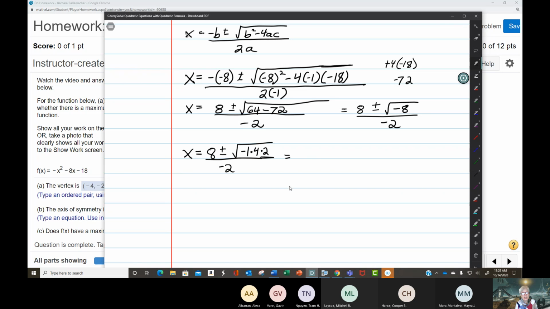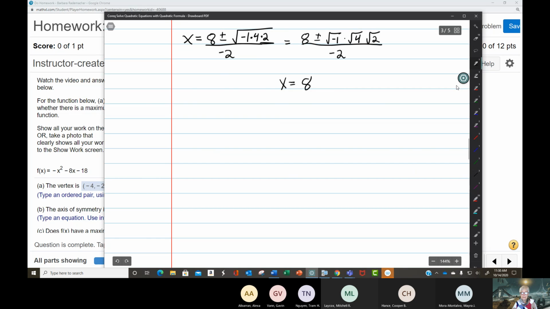It's not fun, but you gotta do it. 8 plus or minus the square root of negative 1. I'm doing this the long way. The square root of 4, the square root of 2 over negative 2. That's going to be 8, plus or minus.